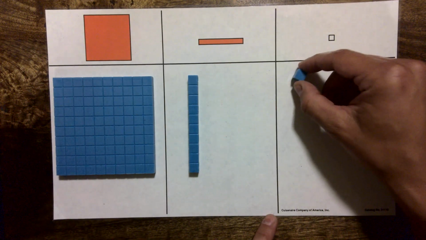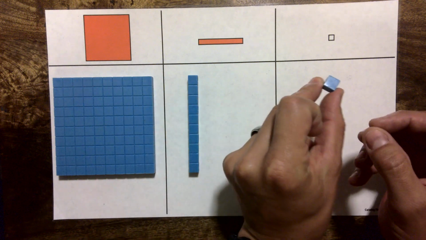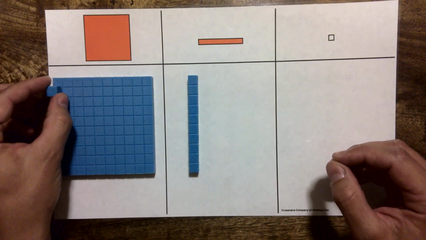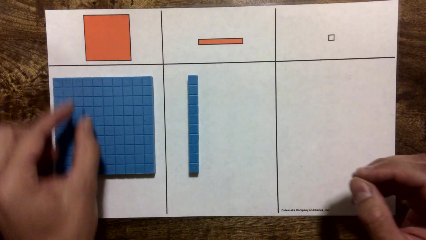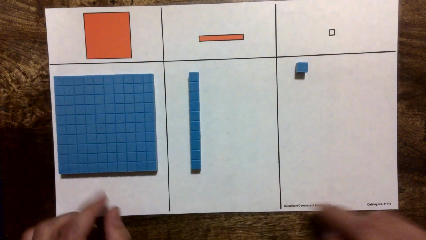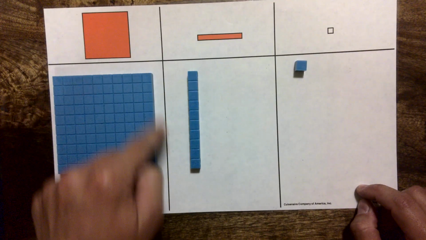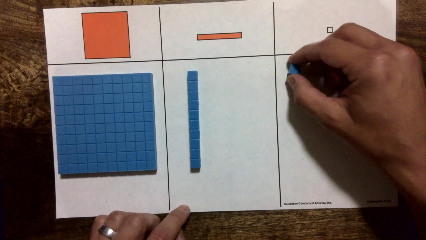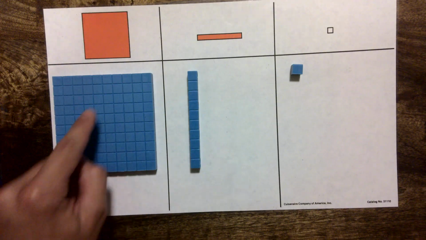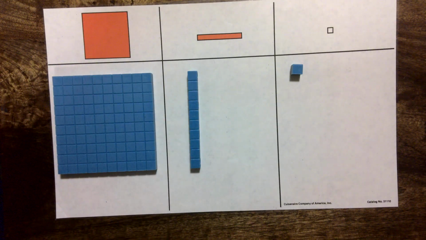Similarly, from these smaller cubes, it would take 100 of these units to fill up this entire 1 over here. So each of these small cubes is 1/100th of this larger square.